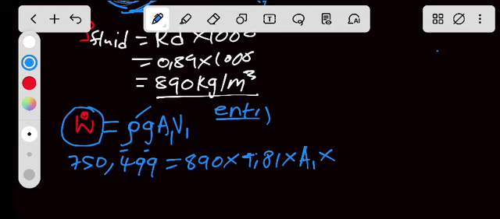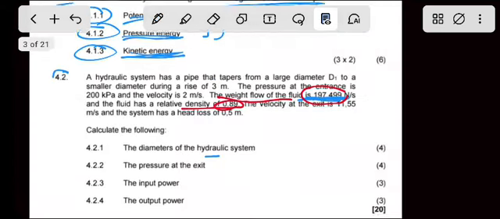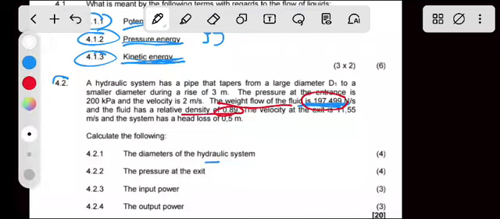Are we given the velocity? Yes, it was 2 at pipe 1 at the entrance. We can see it here in the statement. We have this pressure at the entrance, and the velocity is 2 meters per second at the entrance. So that is what we have.